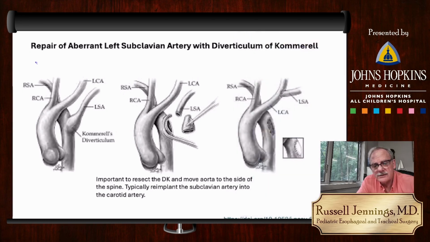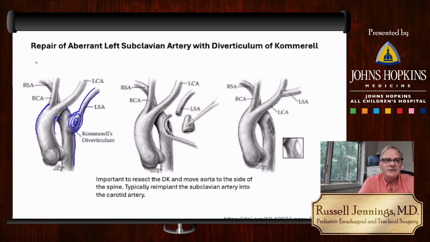So this is the left subclavian artery. In this case, it's a right arch with an aberrant left subclavian artery. The left subclavian artery comes down here. This is the diverticulum of Kommerell inserting into the aorta right here. And this is the problem, which is compressing the esophagus and the trachea.